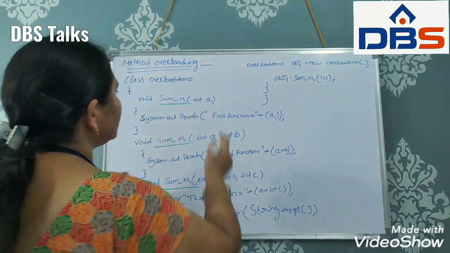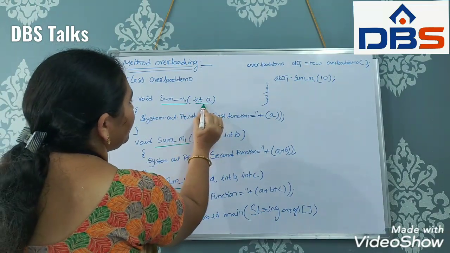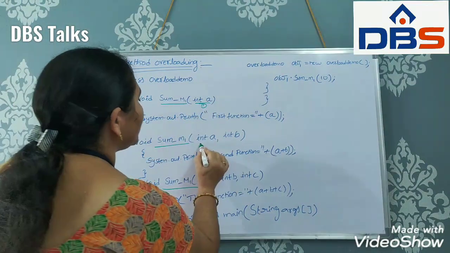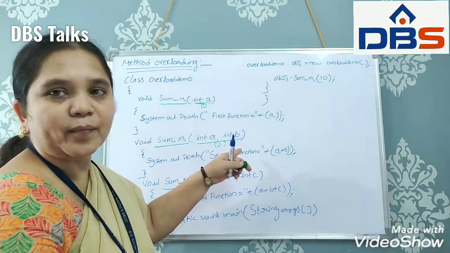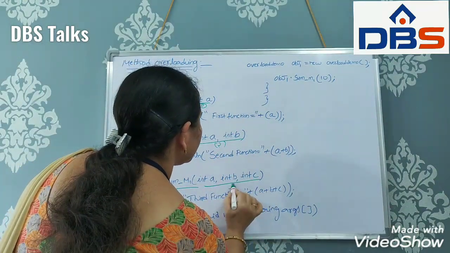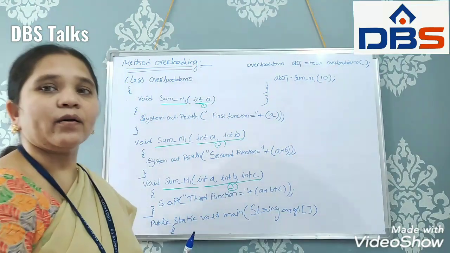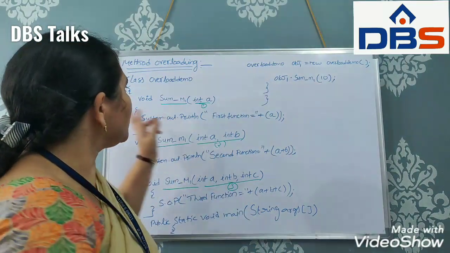Different signatures means here we are passing different parameters: one parameter or argument here, two parameters here, and three arguments here. That is called overloading, or method overloading.